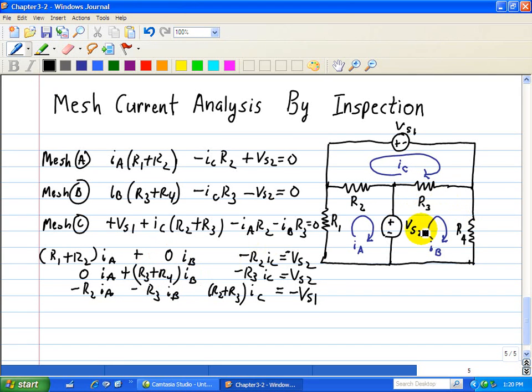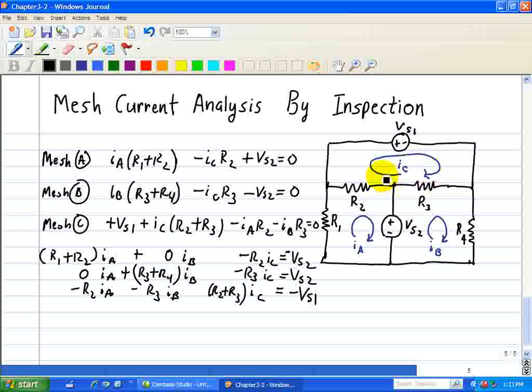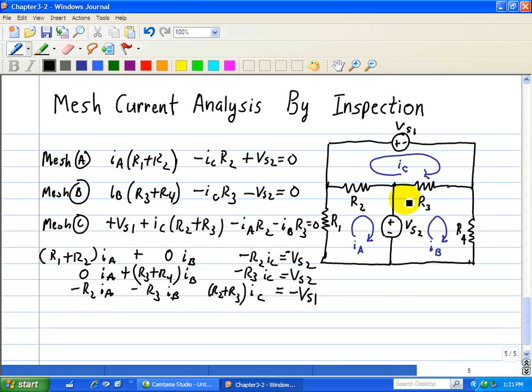There's no IA common in here except for VS2, but we see what's in common for R3 is a minus IC. And then finally for IC we have going through R2 and R3 right here, and then we have a minus IA because that's what's common through R2, and then R3 we have a minus IB. So that's why we have a minus R3.